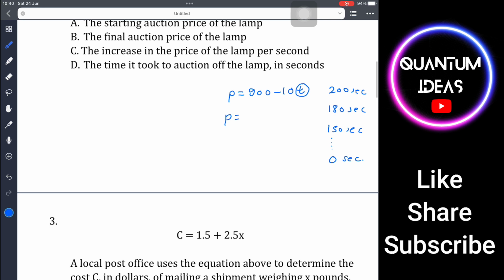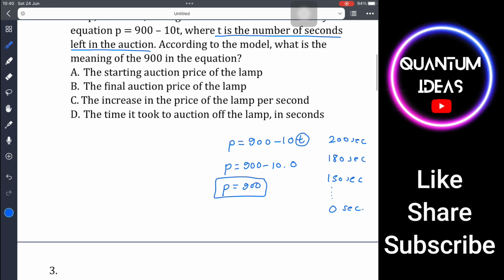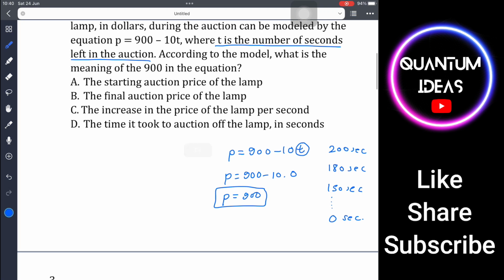So P equals 900 minus 10 times t, and the final value of t will be 0. So finally it becomes 900. That means when the time remaining is 0, P equals 900. 900 is the final auction price of the lamp.